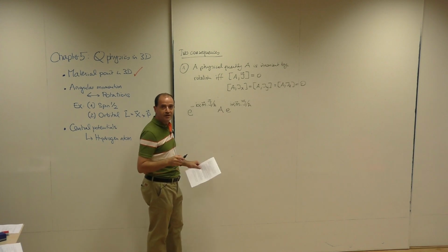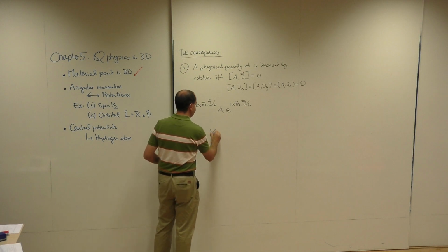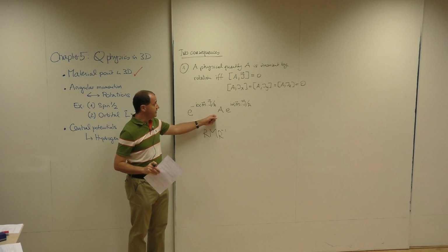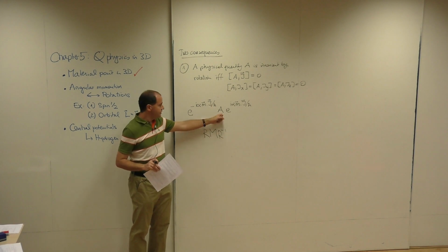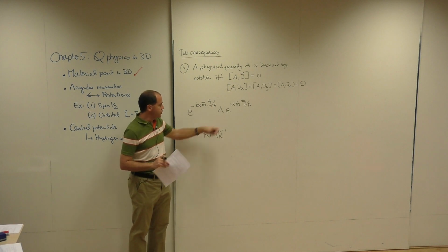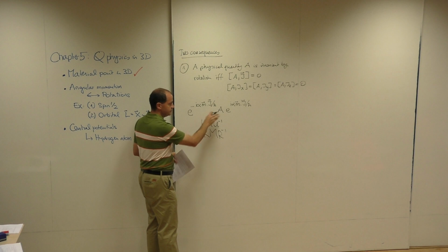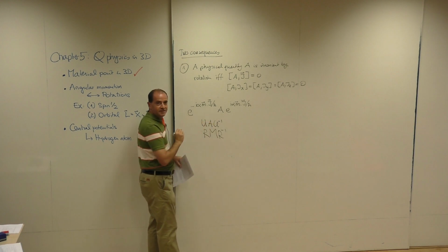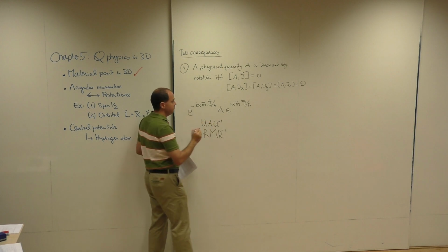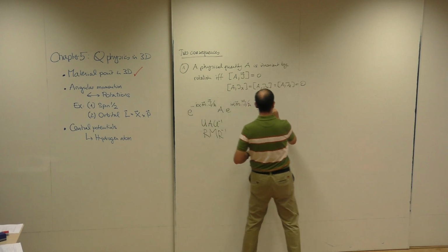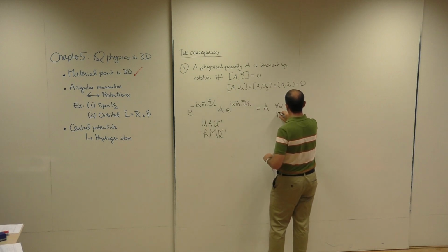For real matrices, a rotation is given by these, right? So similarly here in Hilbert space, if I have a matrix, the rotation is not U times A, but U times A times U^{-1}. Okay, that's what I've written here. And if a quantity is invariant by rotation, it means that this is equal to A for all alpha and for all m.